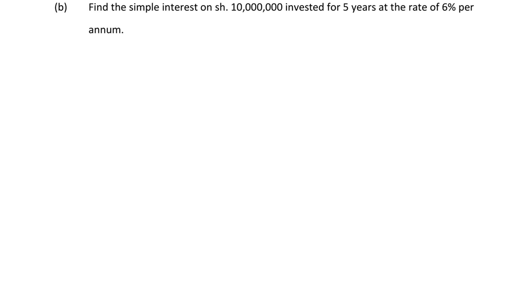Okay, so let us consider the following formula for the simple interest, which says I equals PRT over 100, of which I is the simple interest, P is the amount invested, which you've been given as 10 million, R is the simple interest rate, which you've been given as 6%, T is the time of investment, which we have been given as 5 years.